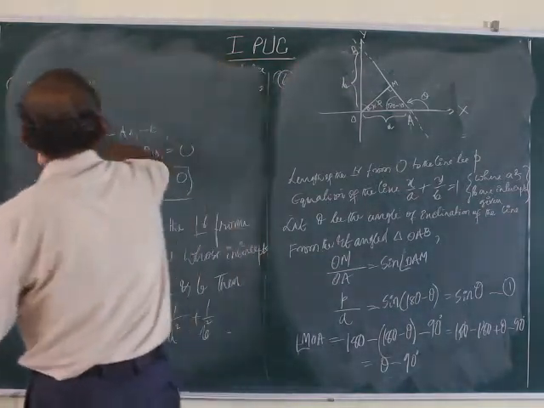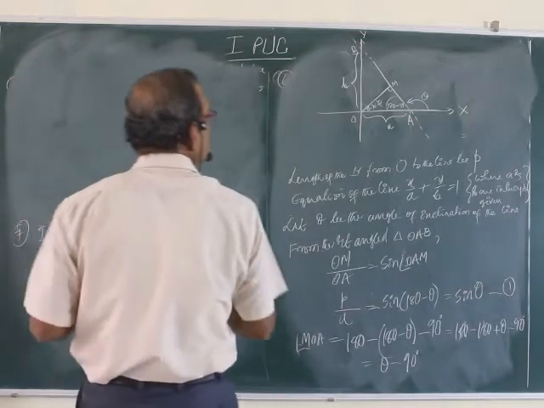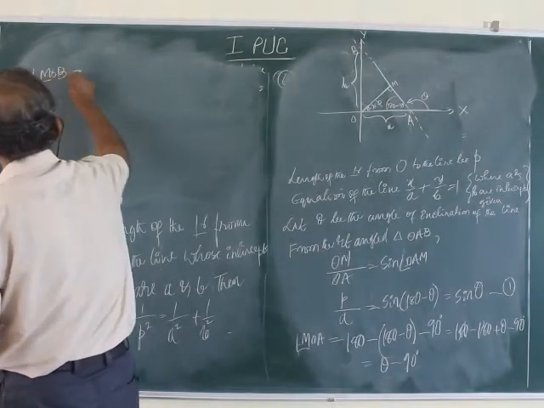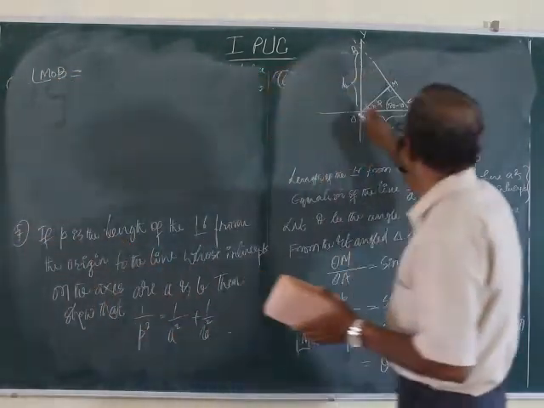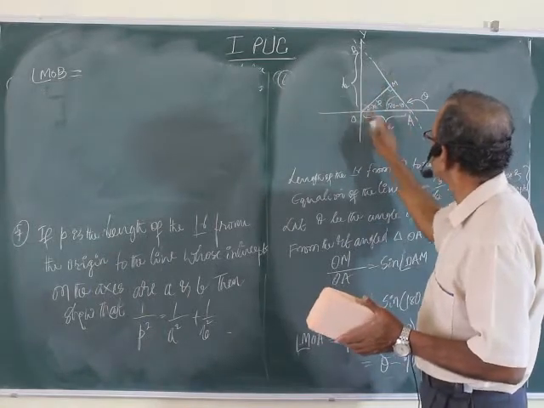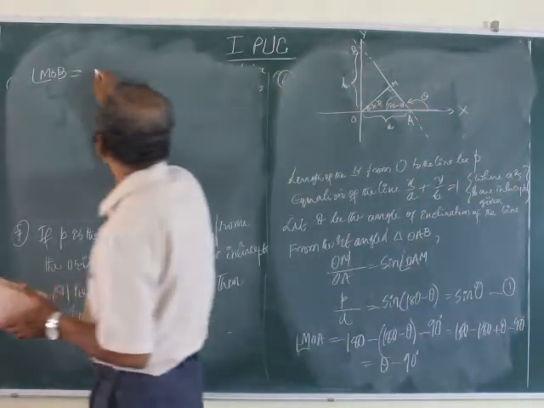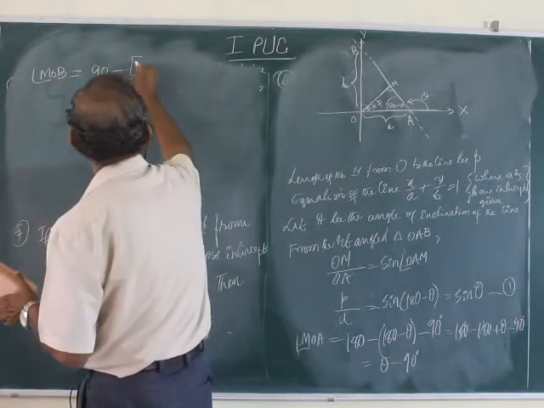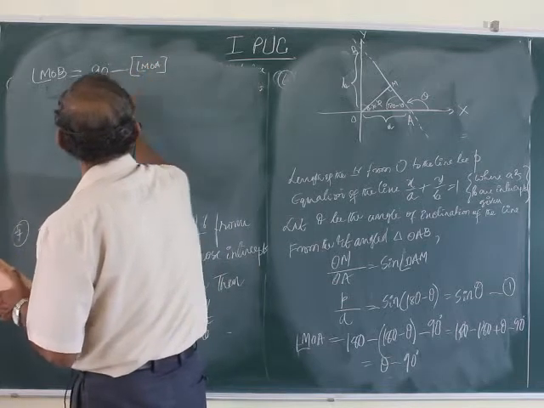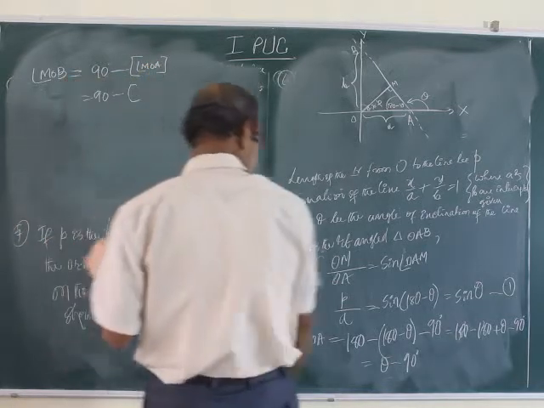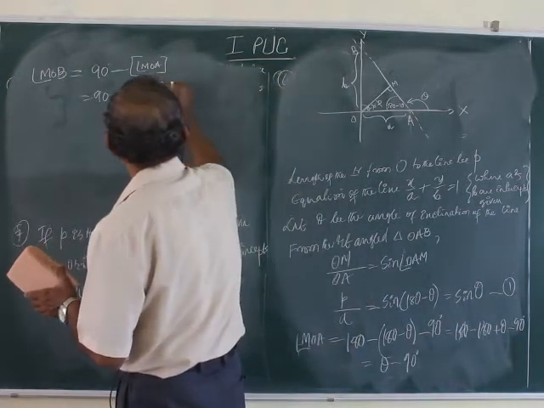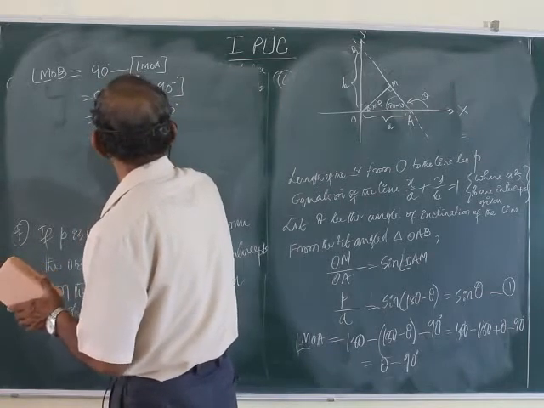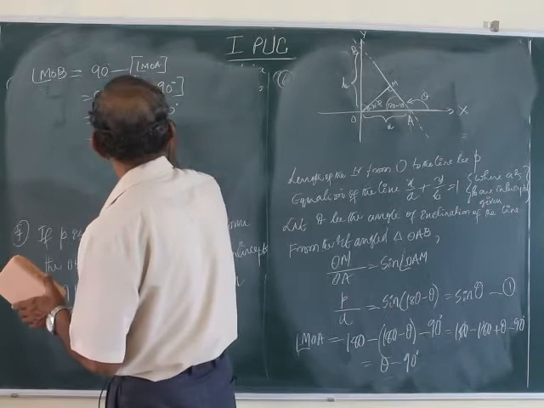Therefore, angle MOB is 90 minus angle MOA, or 90 minus theta minus 90, or 90 minus theta plus 90, or 180 minus theta.